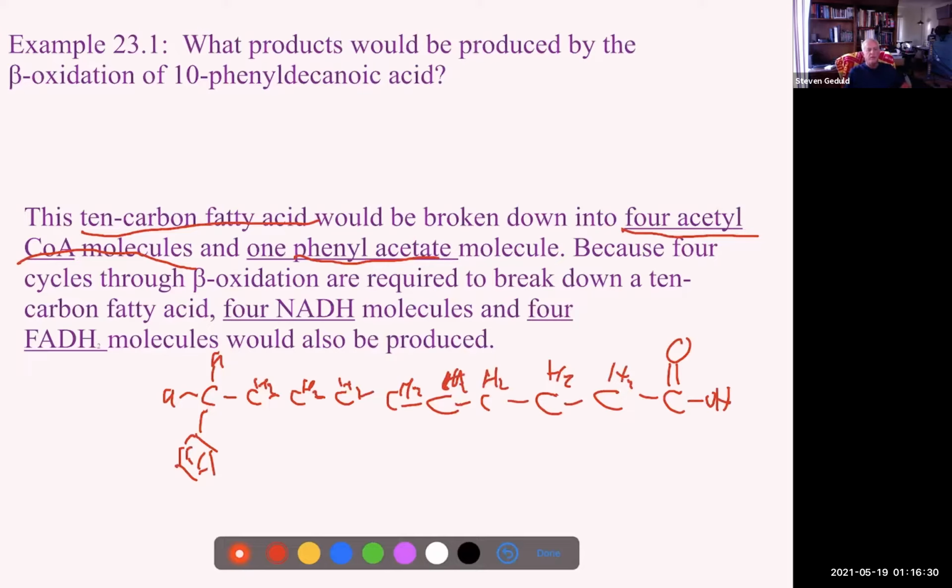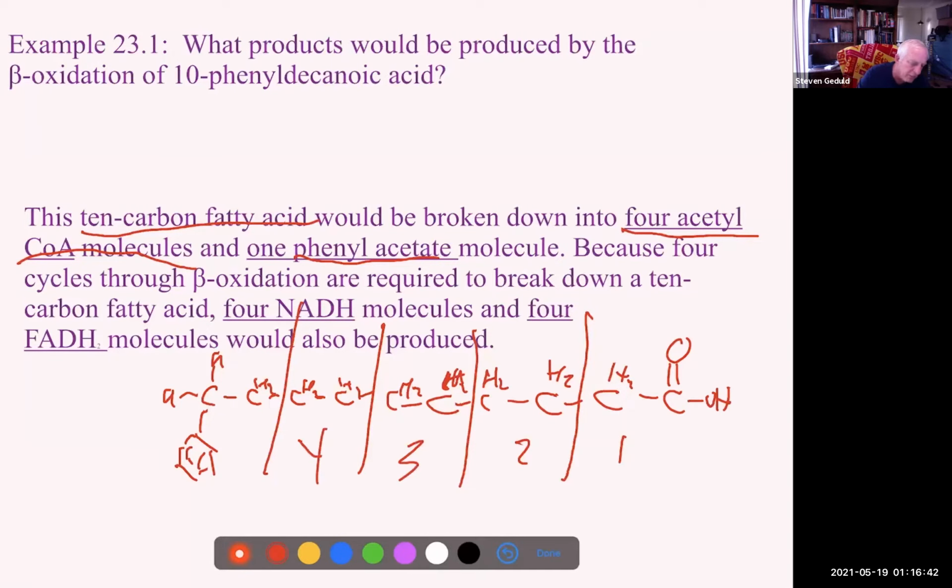So you're going to break them down into groups of 2. You break 1 here, 1 there, 1 there, 1 there. So you're going to get 4 acetyl coenzyme A groups and 1 phenyl acetate group, because you have a phenyl group attached here. So that's the complete breakdown.